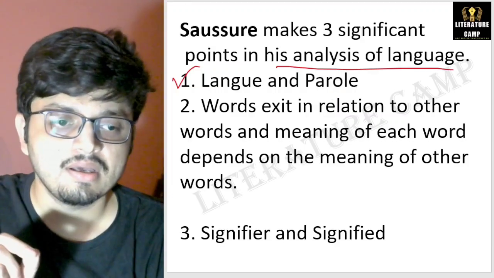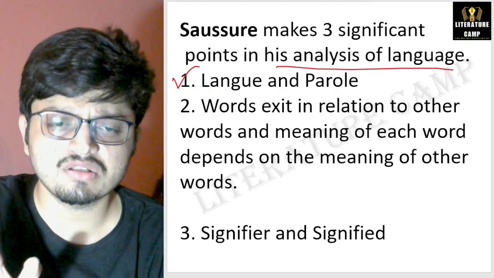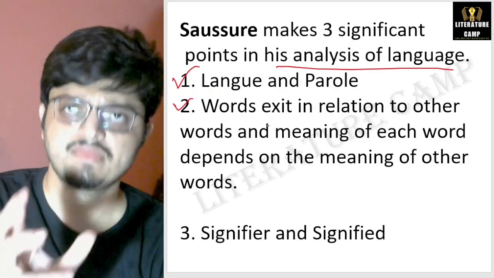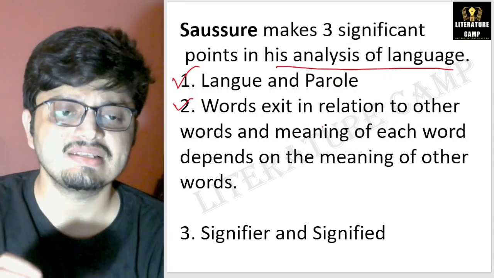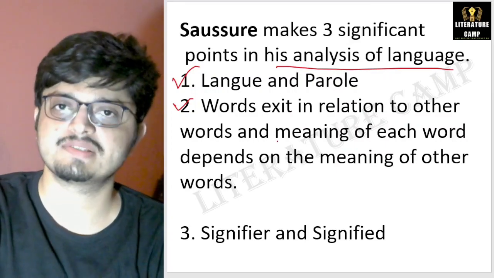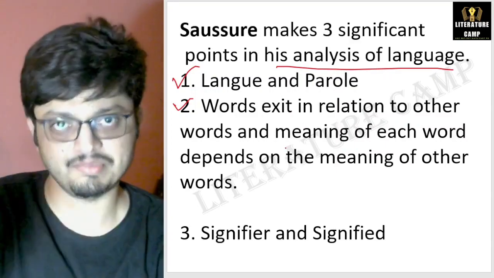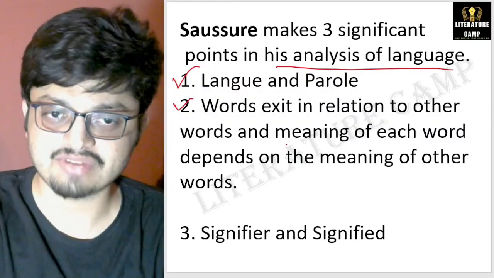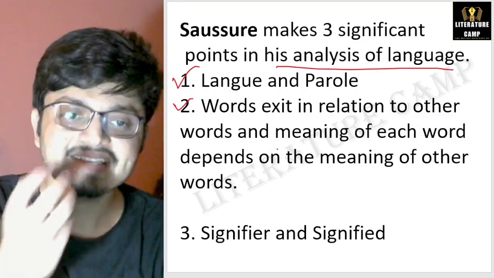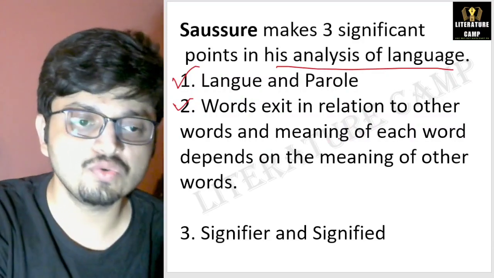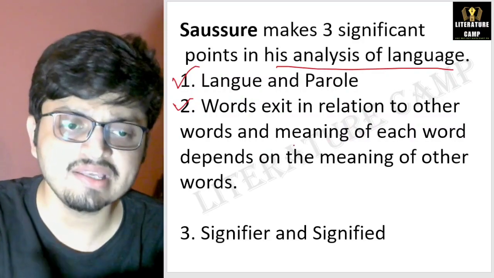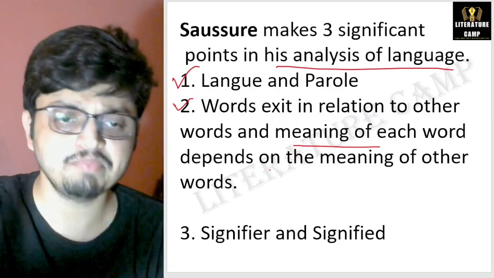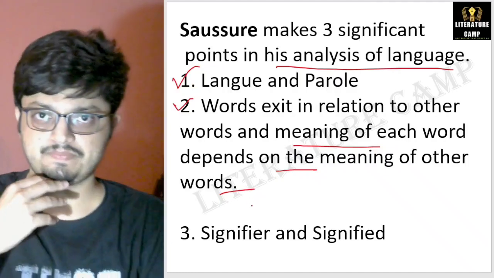Secondly, Saussure discussed that words exist in relation to other words. Similarly, you can understand, I have already discussed the concept of structuralism. Words exist in relation to other words and meanings of each other. Each word depends on the meaning of other words.